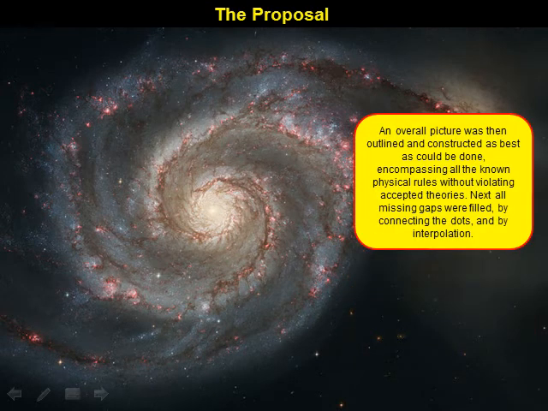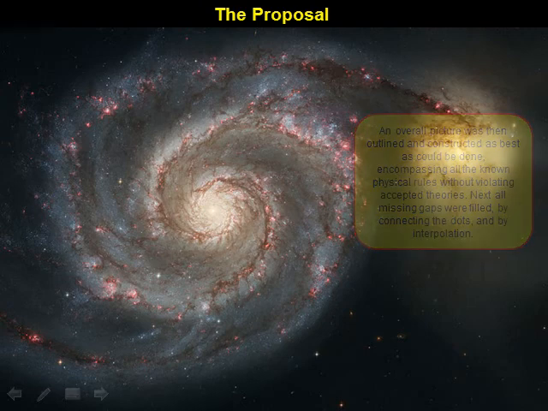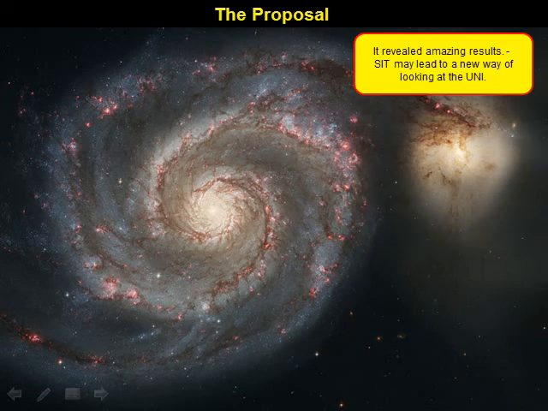An overall picture was then outlined and constructed as best as could be done, encompassing all the known physical rules without violating accepted theories. Next, all missing gaps were filled, by connecting the dots, and by interpolation. It revealed amazing results. SIT may lead to a new way of looking at the universe.